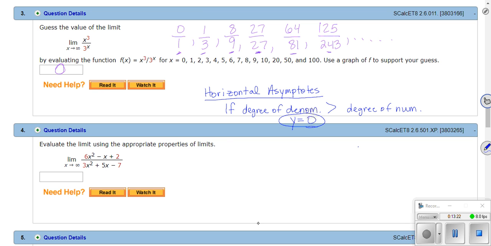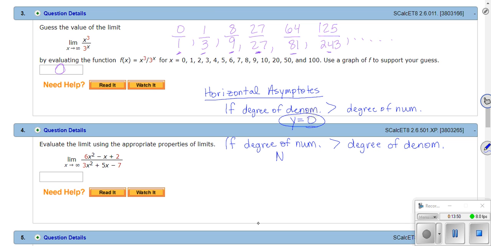Now, if the degree of the numerator is greater than the degree of the denominator, okay? So if the degree of the numerator is greater than the degree of the denominator, you have no horizontal asymptote, okay?